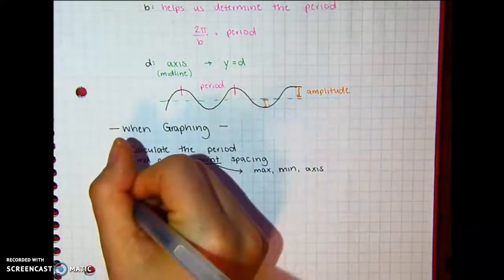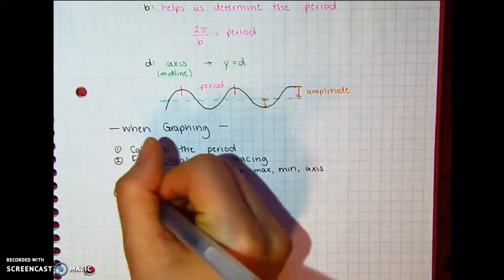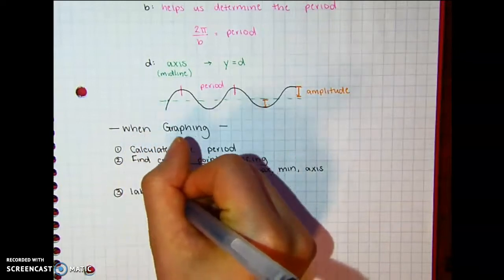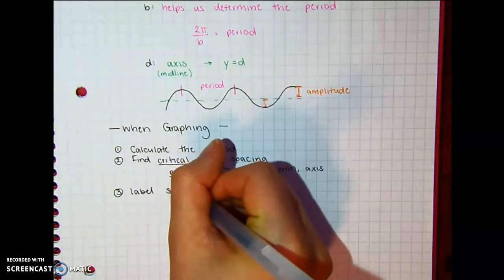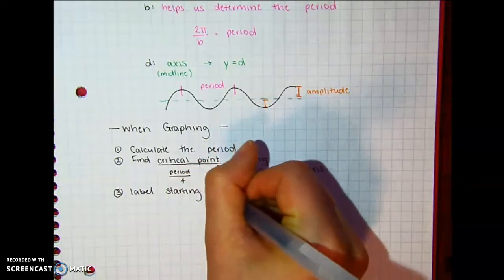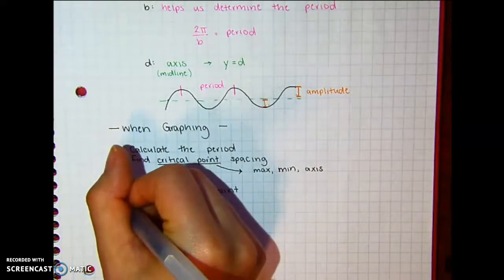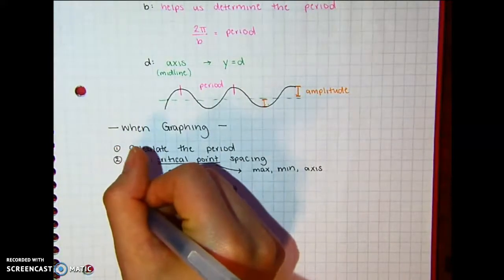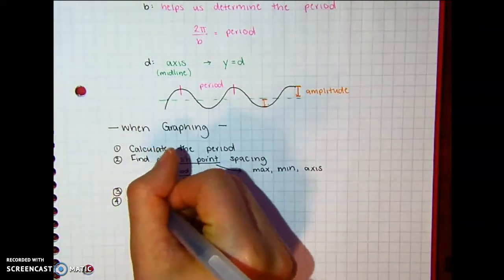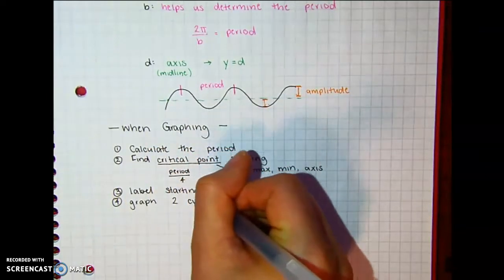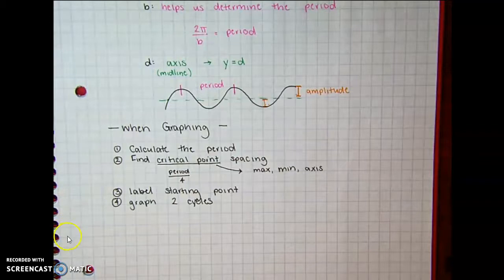You want to label your starting point, and you want to graph at least 2 cycles. Make sure you read the problem. All right, so let's show you what the graph of sine and cosine look like.